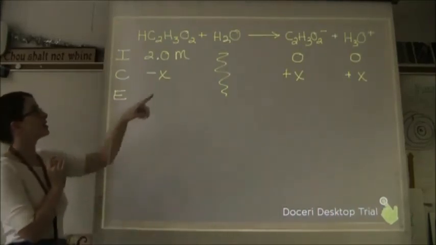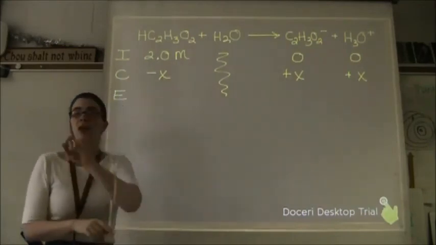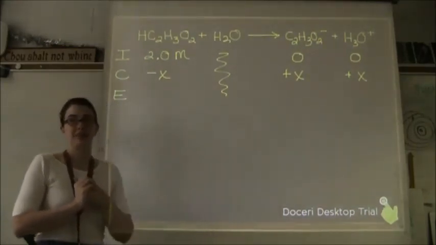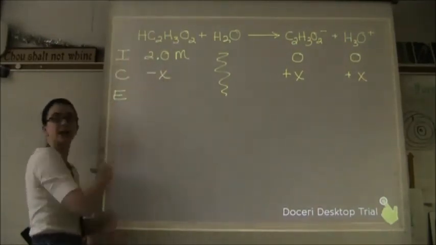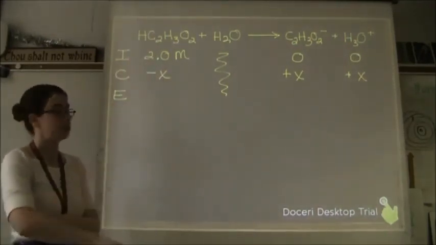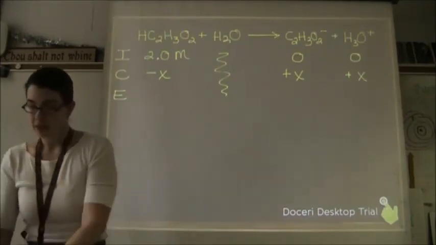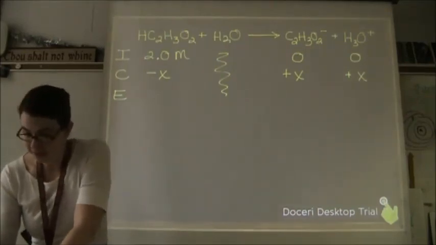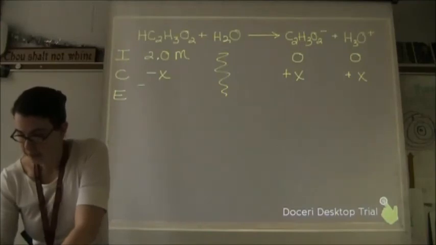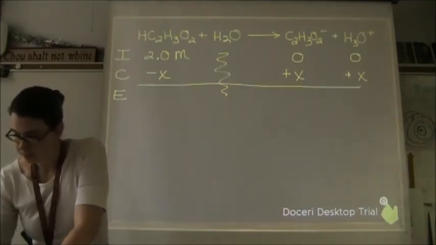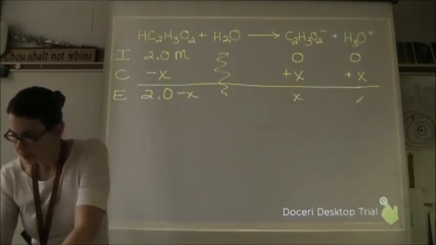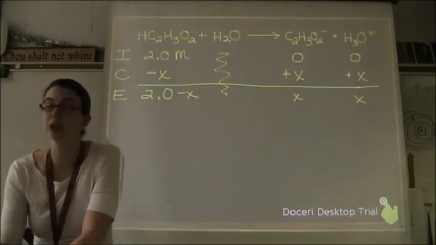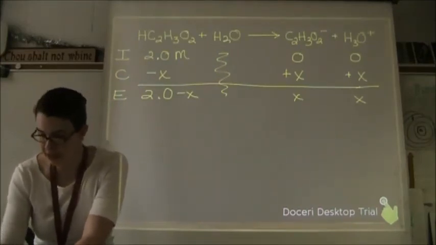These equations are always going to be 1 to 1 to 1 to 1. If you had coefficients like a 2 there, this would be minus 2x. You're not going to have to deal with that in these acid-base questions. What does E stand for? Equilibrium. You got it. Okay, I'm just going to bring everything down. E stands for equilibrium. Great. I'm going to write an equilibrium expression.